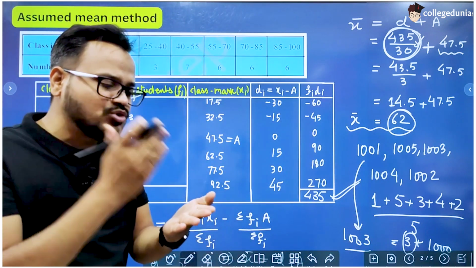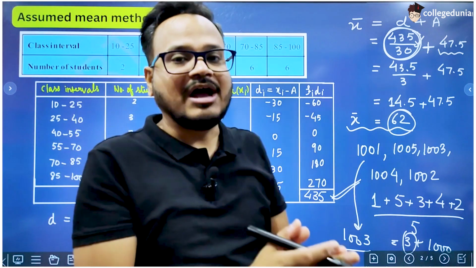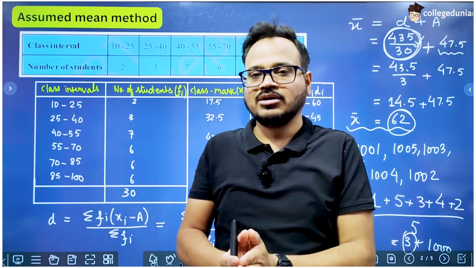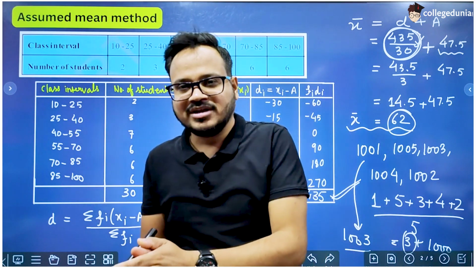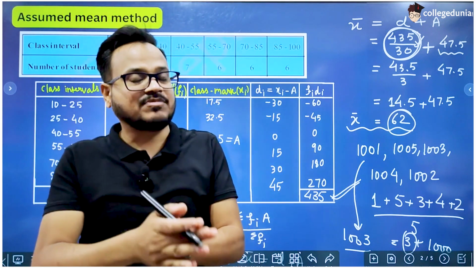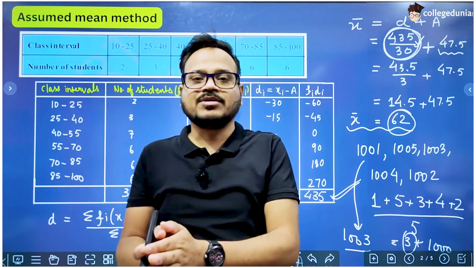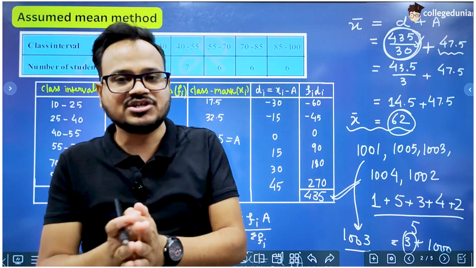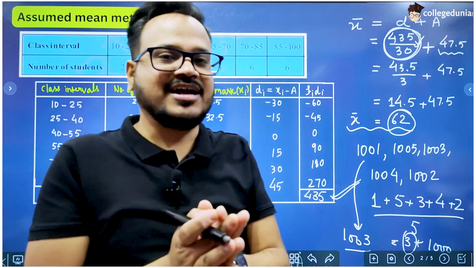So whatever operation you perform on each value, you have to perform the reverse operation on the new mean. The reverse of addition is subtraction and of subtraction is addition, and the reverse of multiplication is division and of division is multiplication, right?